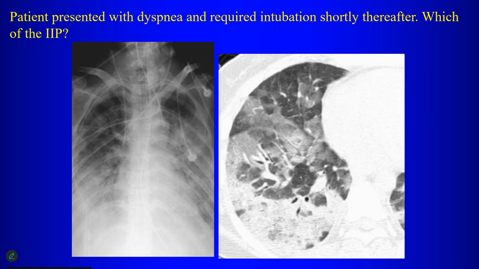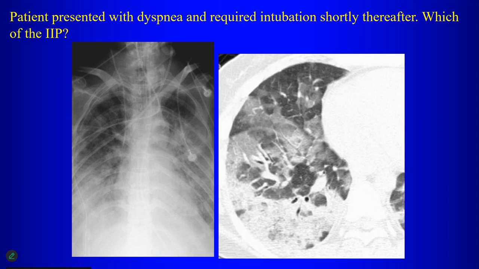Okay, so moving on, if I tell you this patient presents with shortness of breath, requires intubation, shortly thereafter, there's the appearance on CT. Which of the idiopathic interstitial pneumonias are we talking about here? So this is the appearance of ARDS, where you have the rapid onset of consolidations.